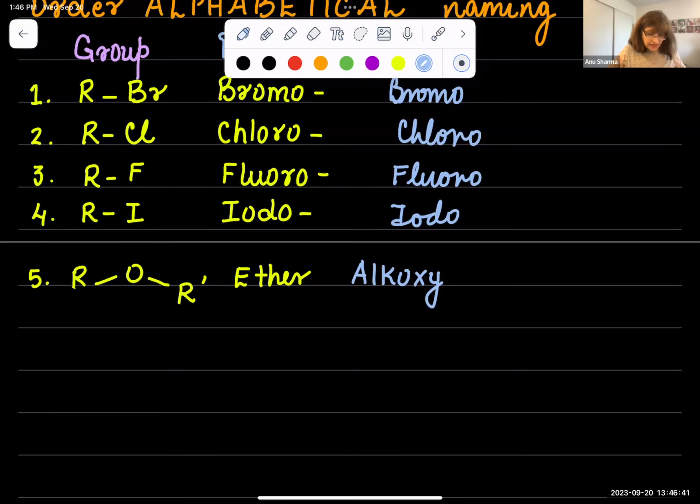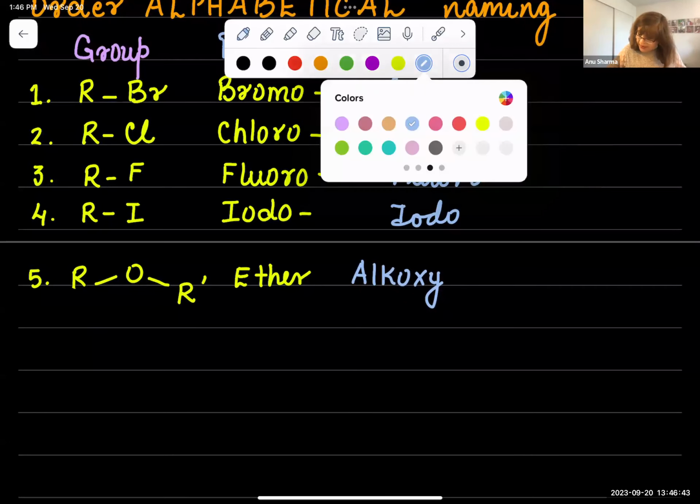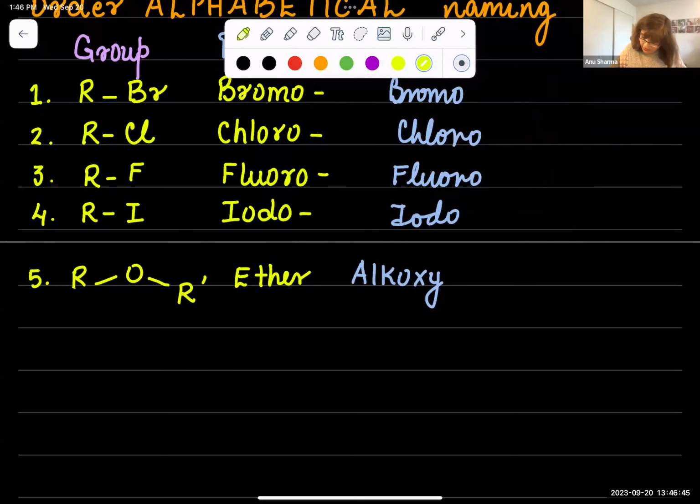Next is the azido. Number 6 is azido, and azido is with 3 nitrogens. Azido is R, N, 3 nitrogens. So 3 nitrogens together make the azido group.